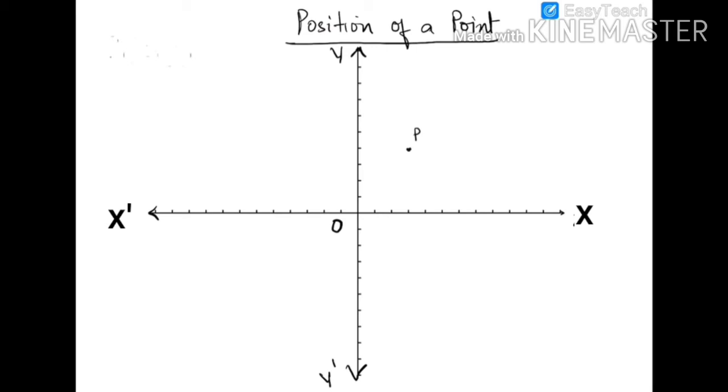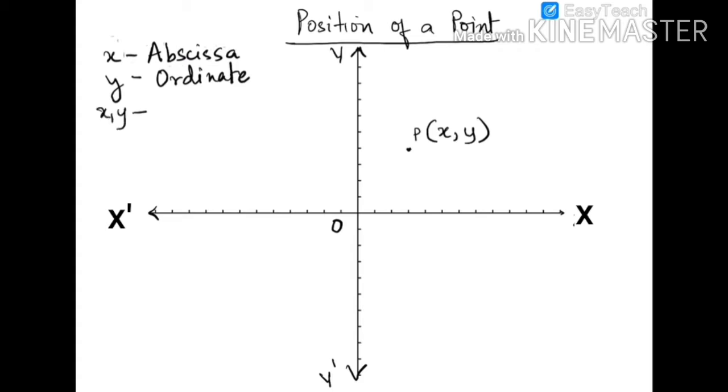Now the position of this point can be given by an ordered pair (x, y), where x is called the abscissa and y is called the ordinate, and x and y together are called the coordinates of point P. In this ordered pair, the abscissa will always come first and then the ordinate.